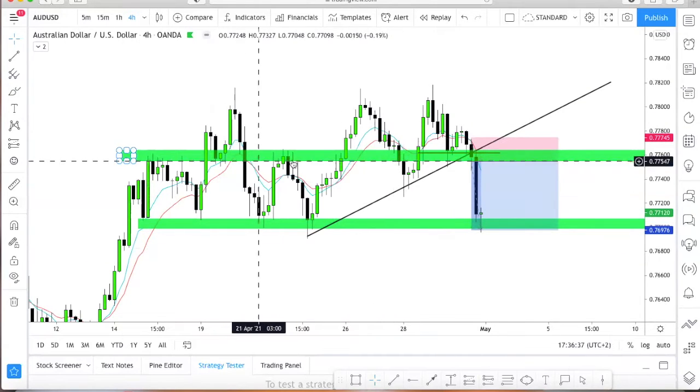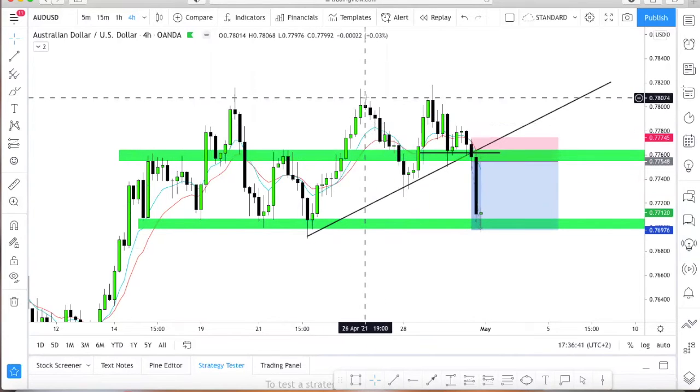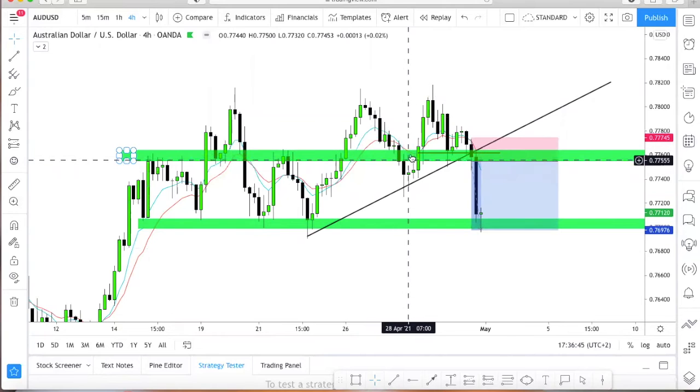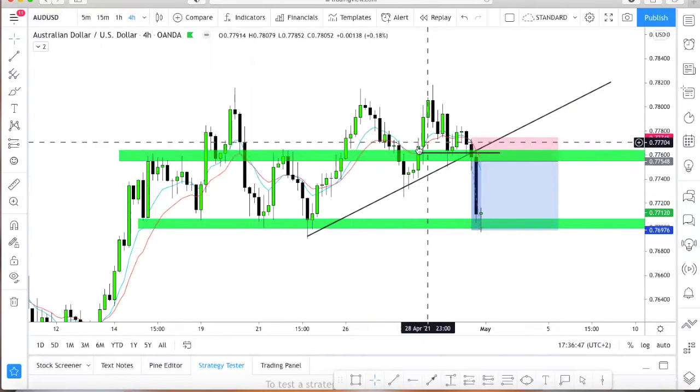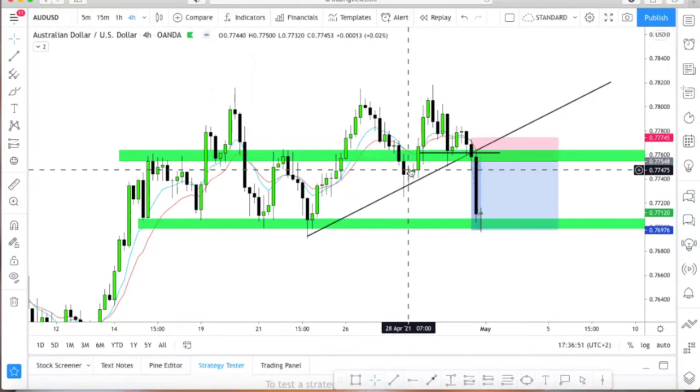Now, as you can see, there wasn't a really clear breakout and retest. Instead, the market broke out, came back into the area, and didn't give us a nice retest of this area, so I didn't enter, although this could have been an area for me to enter.